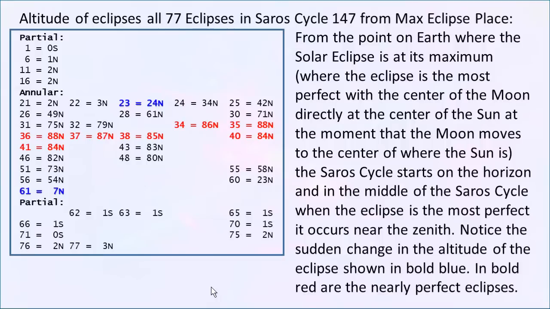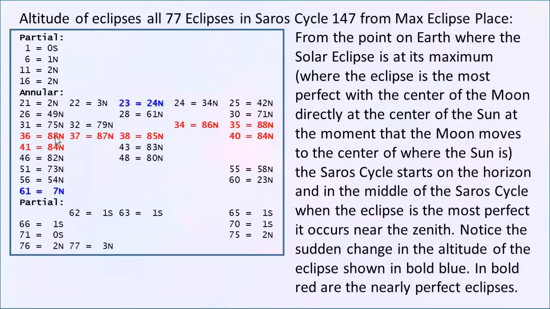And these are the most perfect annular eclipses in the entire cycle. The moon is going to come most perfectly right to the center of the sun. And if you go to the place of the maximum eclipse, it will be nearly over your head.